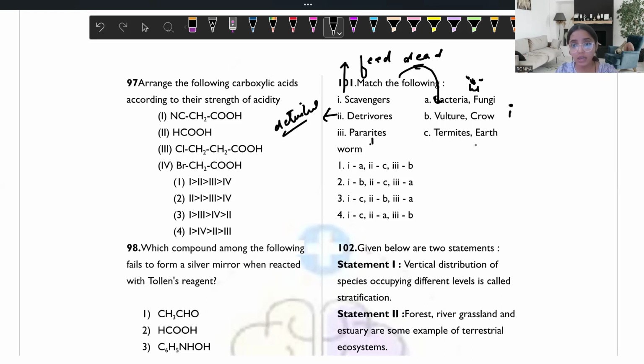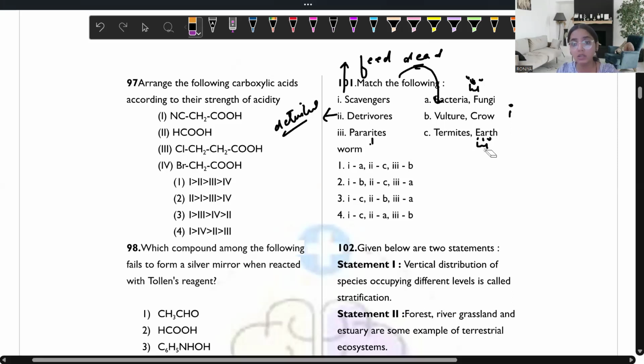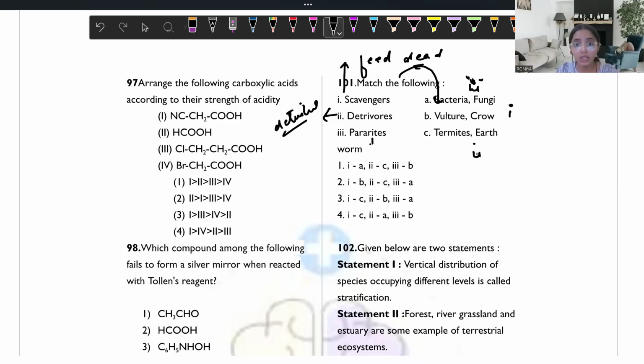So the answer for option 2 is C. So we have 1B, 2C, 3A. So the answer would be the second option.